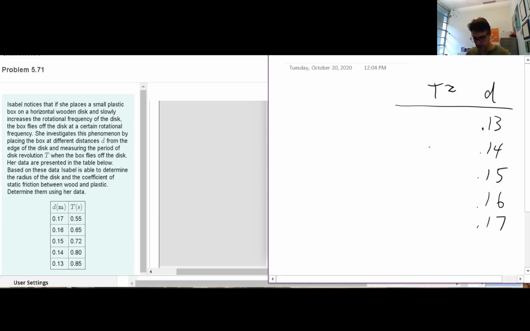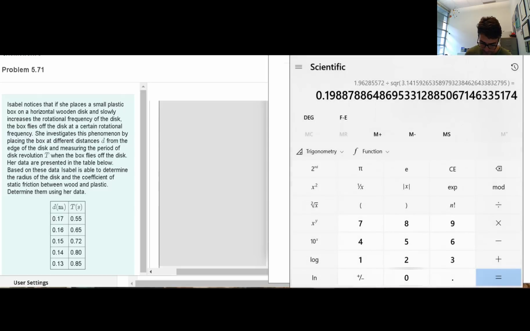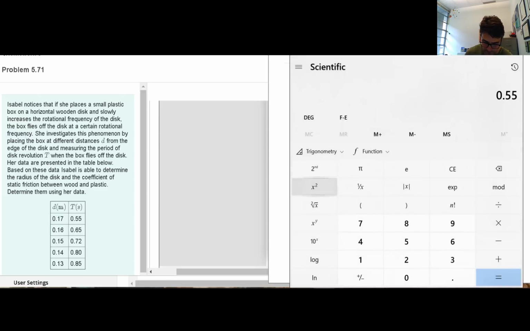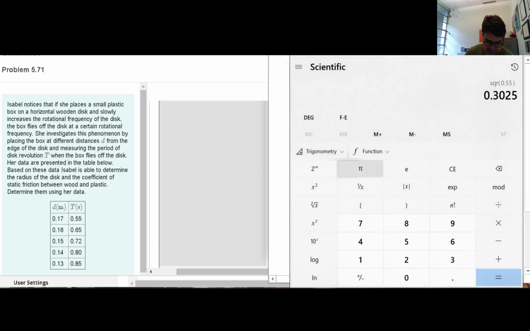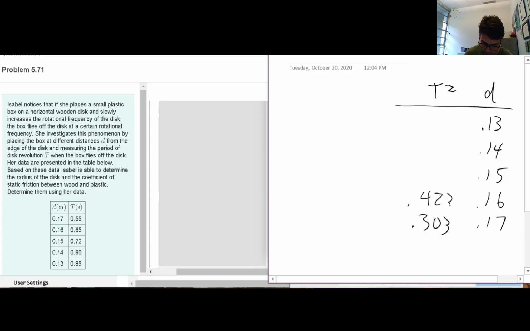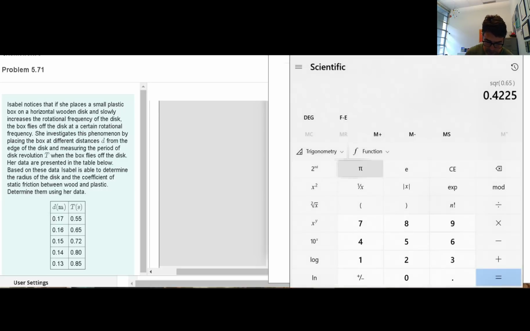The t squared values are going to be 0.55 squared is 0.302, or 0.303. Just working up the chart there, 0.65 squared is 0.423. 0.72 squared is 0.518.